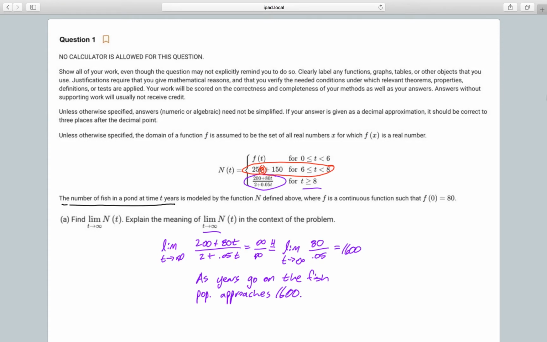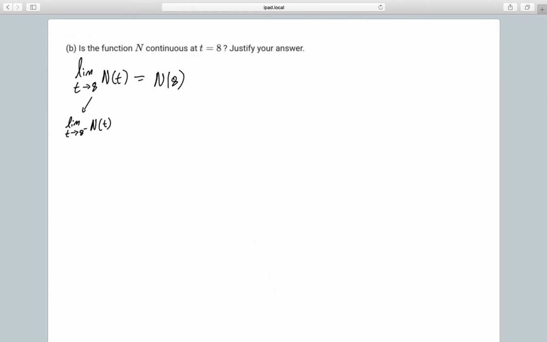It's going to equal 25 times 8 plus 150, which is 350.